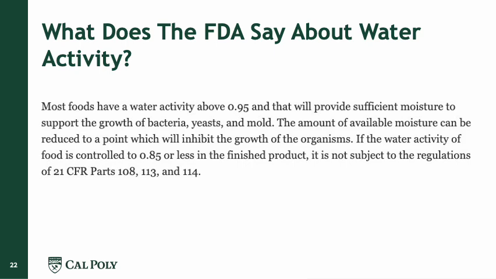If we can lower this water activity and have it controlled to 0.85 or less, that will give us a product that will inhibit the growth of microorganisms, and so will allow us to have a longer shelf life.